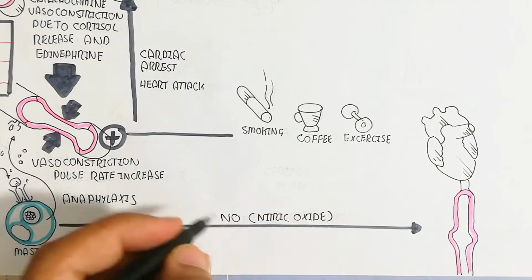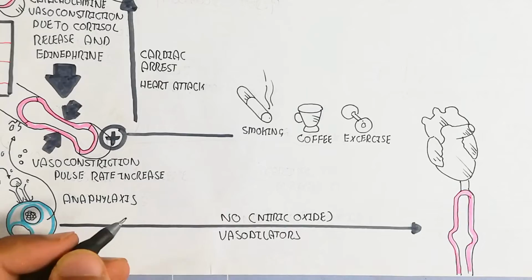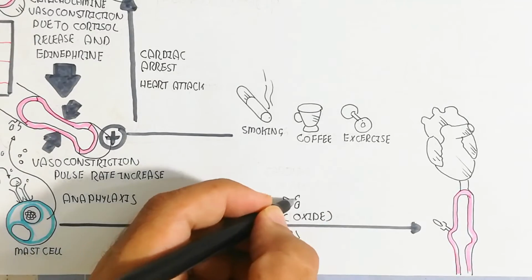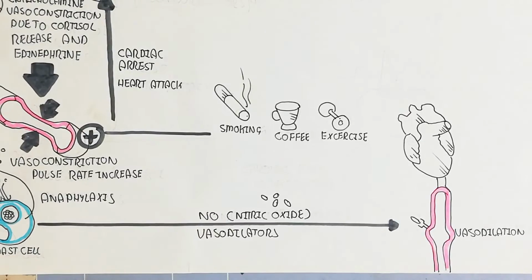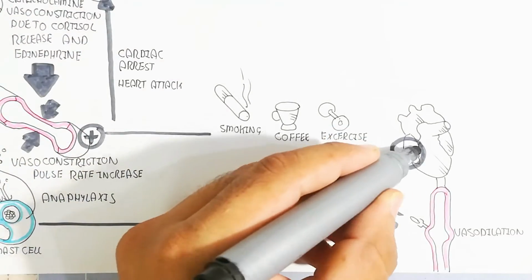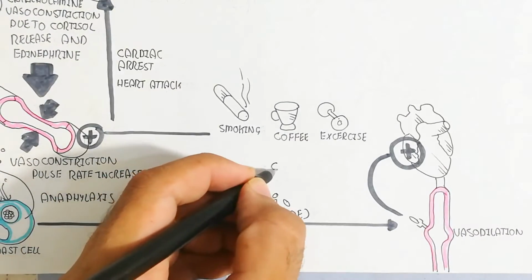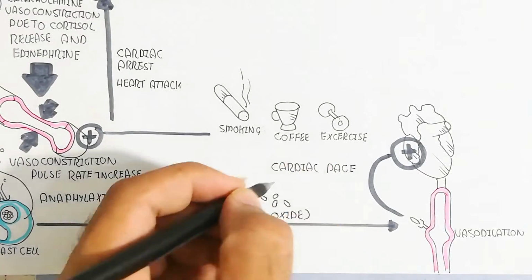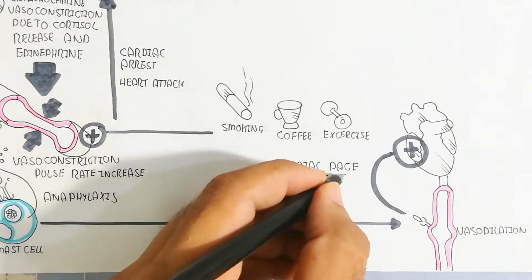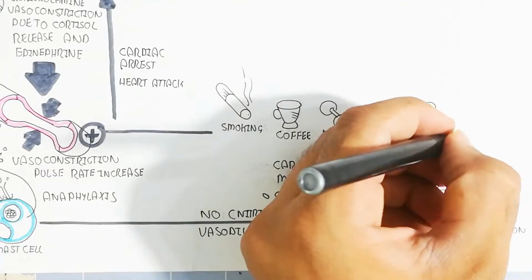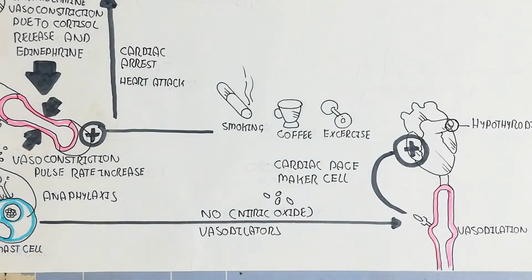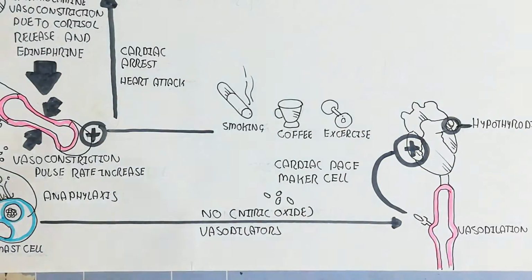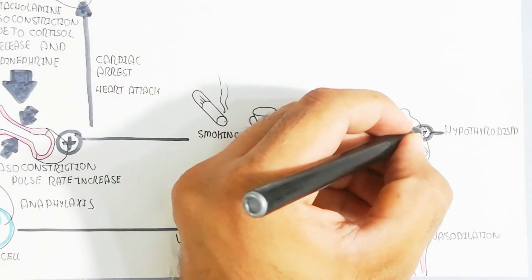So on the other hand, here is the heart, and the mast cell also produces nitric oxide, which will target the blood vessel for vasodilation. So remember, this vasodilation will lead to hypotension, and hypothyroidism is also involved, and this will target the cardiac pacemaker cells and decrease the blood pressure due to the vasodilation.